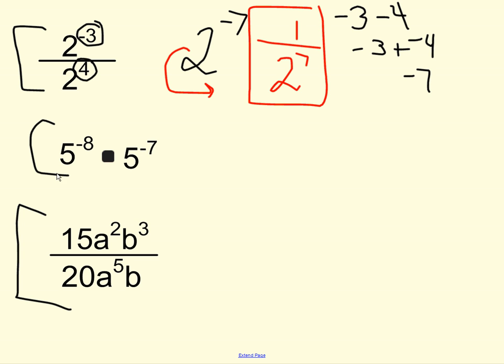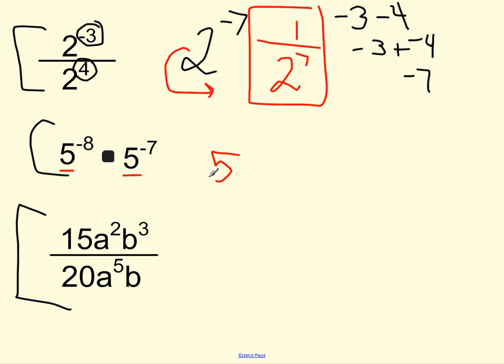If we look again at another kind of problem, that big square in the middle is supposed to be a multiplication sign, guys. Sorry, it's kind of weird looking. But we're going to apply our same rules of exponents that we've been doing, just now we have negatives. So we have 5 to the negative 8th times 5 to the negative 7th, and hopefully you remember that when you're multiplying 2 numbers with the same base, you can simply add the exponents.